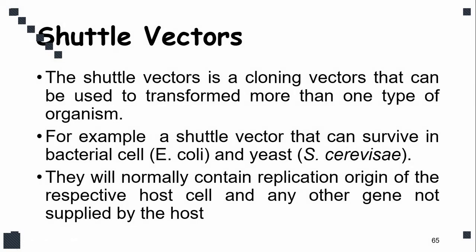Remember the reason for considering the different types of vectors. The idea is for us to ascertain what we can actually do. We have a small gene. The gene is 7 kb. What do we do? We go for a plasmid. We have a DNA insert of 33 kb.